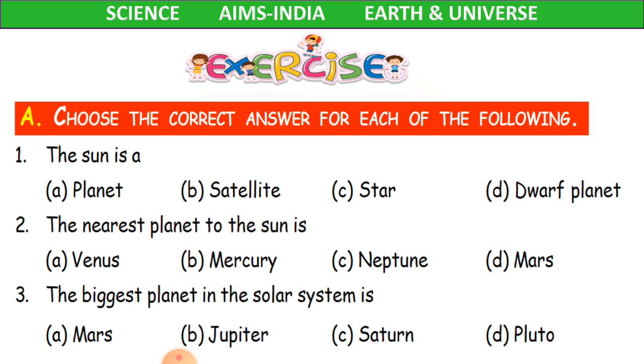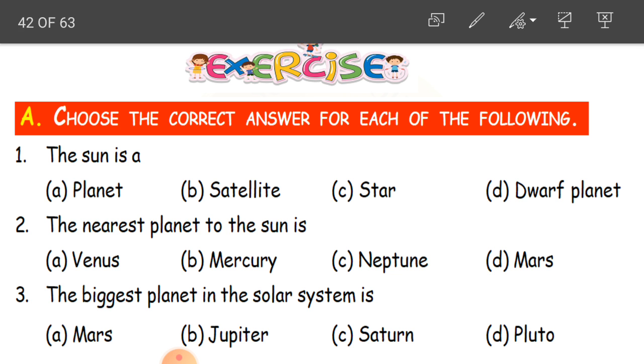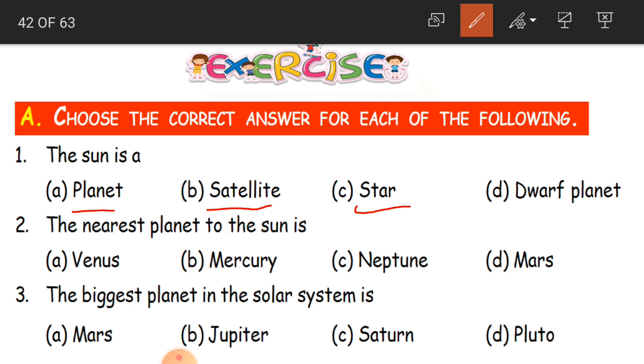Let us do that. The first exercise A is choose the correct answer for each of the following. The first one is the sun is a... What is the sun? Is it a planet, satellite, star or dwarf planet? And the sun is a star.